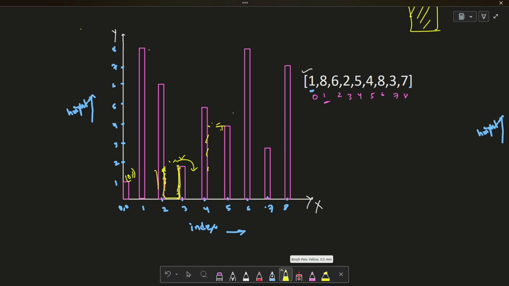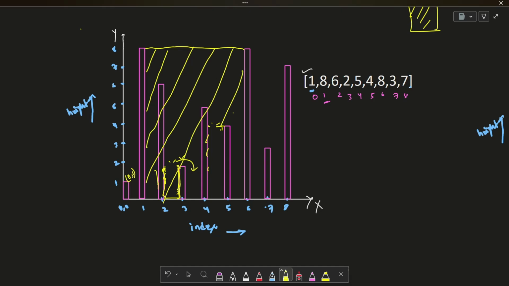You can see this one has more height and it looks like it can contain more water, this much water. How much water can it contain?